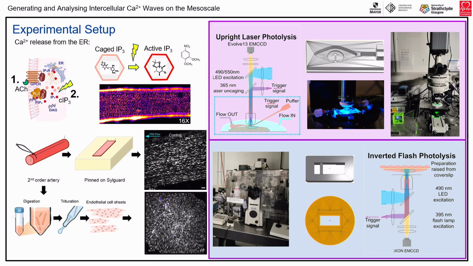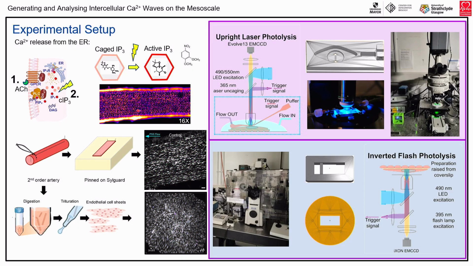For the arterial preparations, I use an upright microscope, and for the cells, I use the inverted system. For each of these, we use a high-sensitivity EMCCD camera and LED illumination, and we like to keep the light levels very low, so often with neutral density filters in the way.